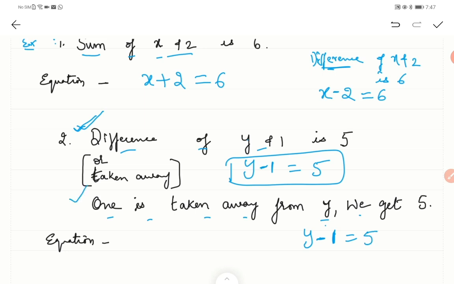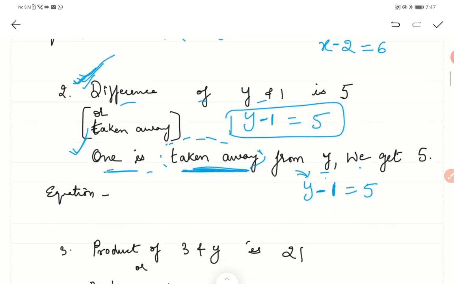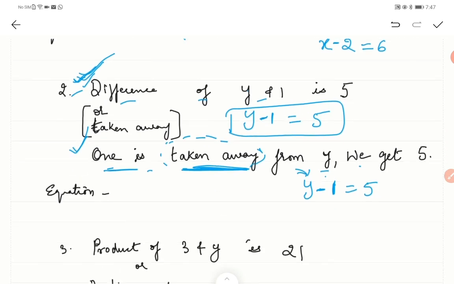These two are actually the same, but with different terms. They are using taken away instead of difference. So the equation for both will be y minus 1 is equal to 5.